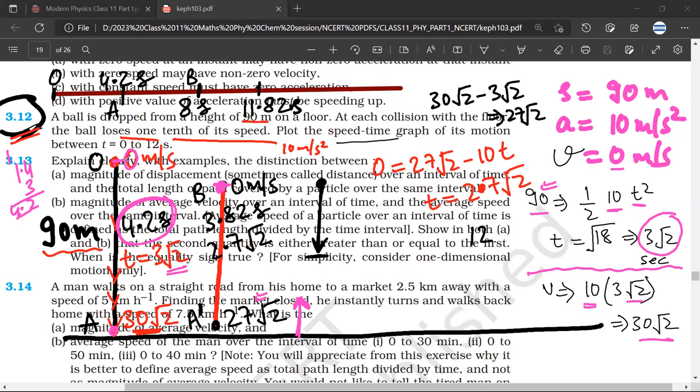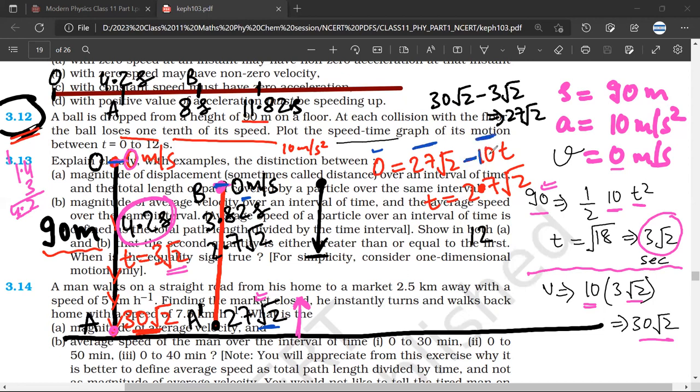So that is why B is lower than A. Why? Because it has lost its velocity, it has lost its kinetic energy. So this ball will go up with 27 root 2. The final velocity will be 0 meters per second. So now I will be using v is equal to u plus at.